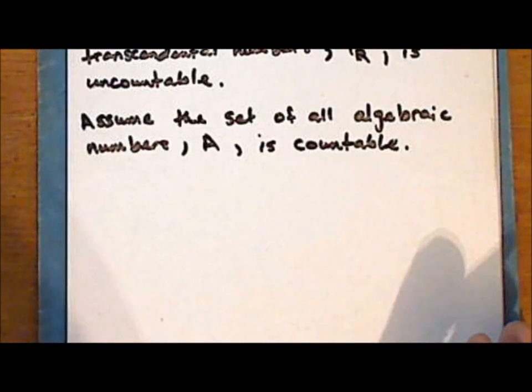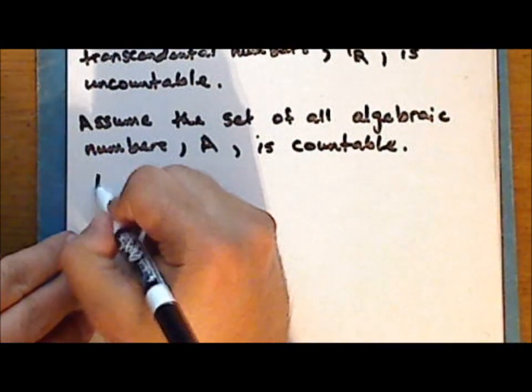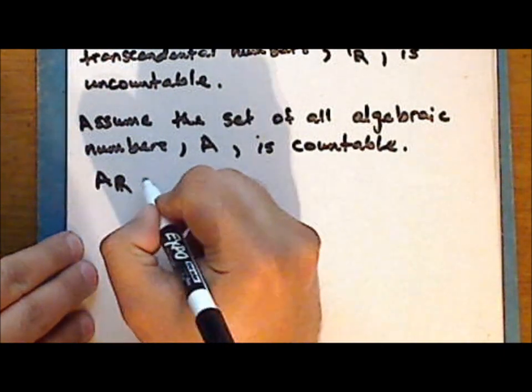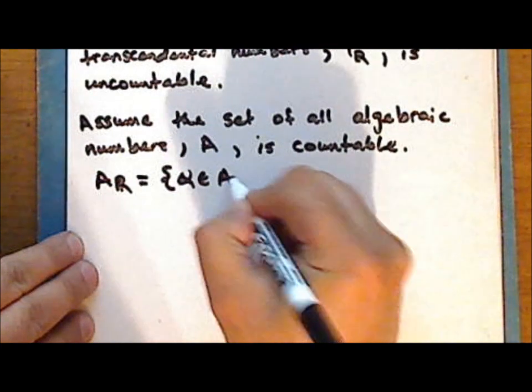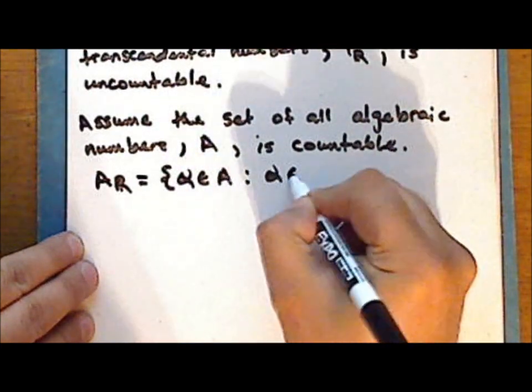Okay, so with this assumption, we're going to define a new set, A sub real, and this is the set of all algebraic numbers that are real, so all real algebraic numbers.